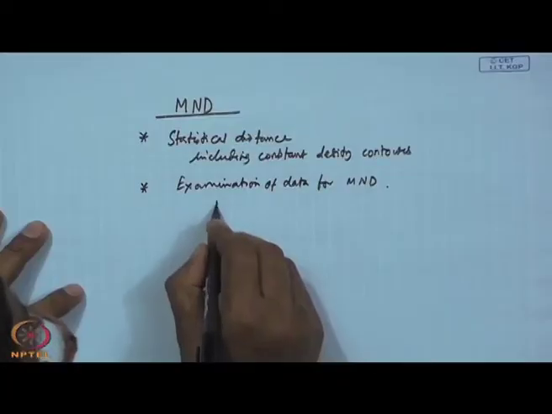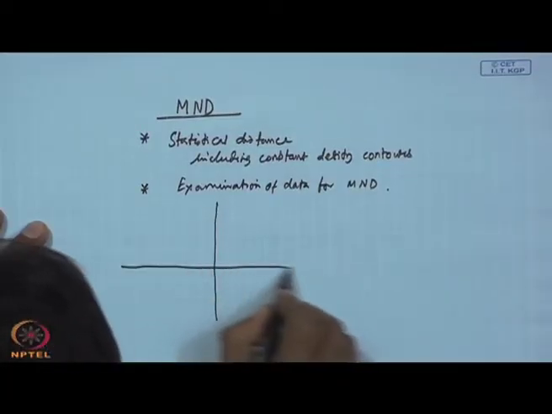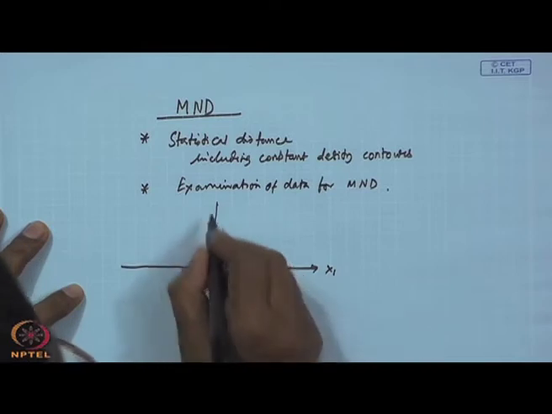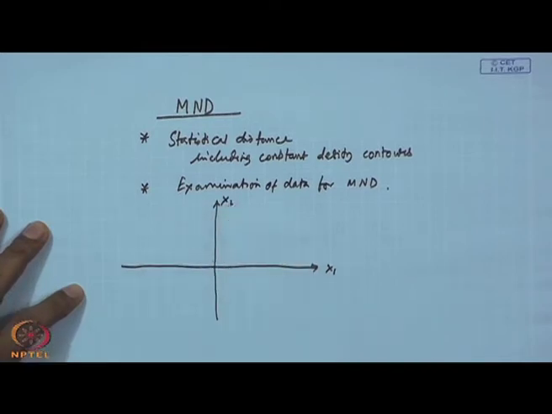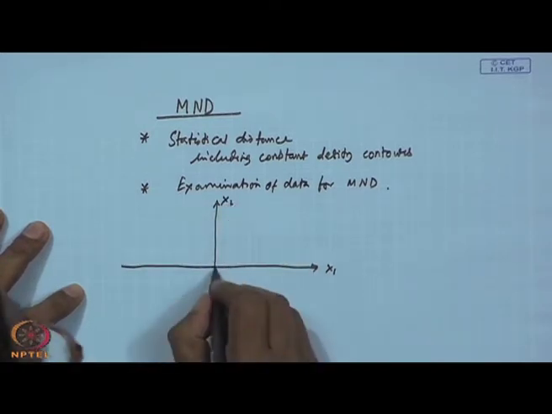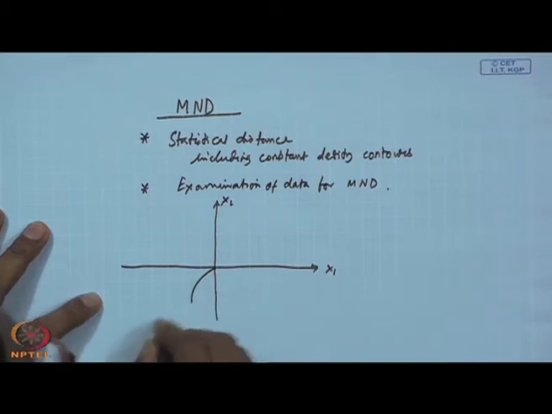Suppose you consider a two variable case, x1 and x2. Let this be the origin, with mu1 and mu2.